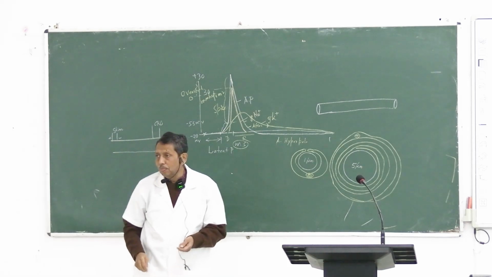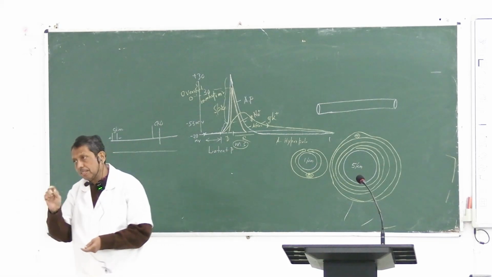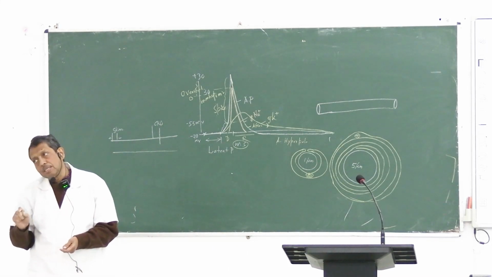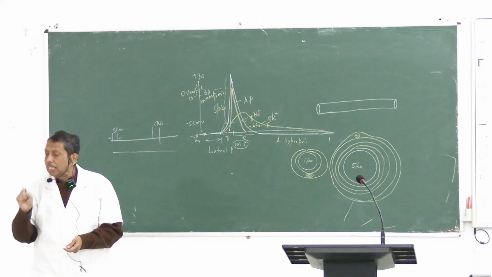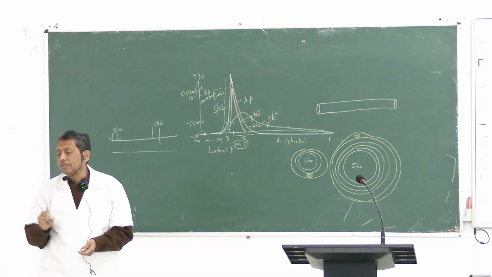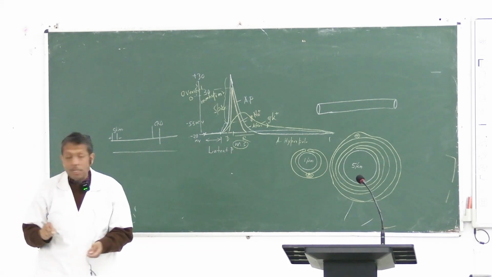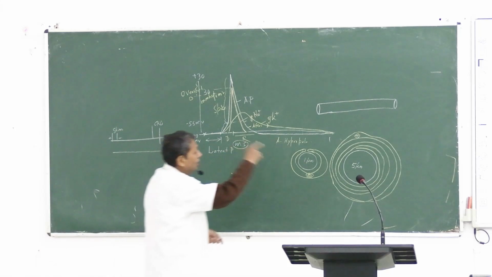Unmyelinated does not mean it has no coating; it has a single coating, and that gives some protection and some other functions. But in case of myelination, there are roundings and wrappings.